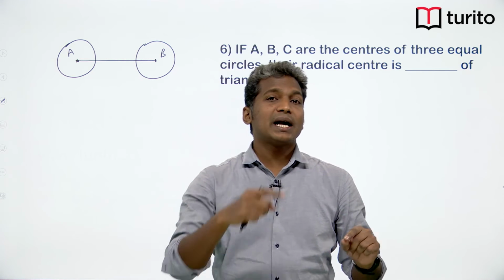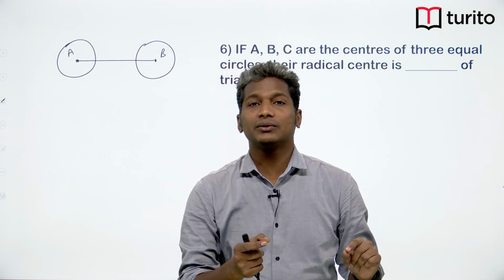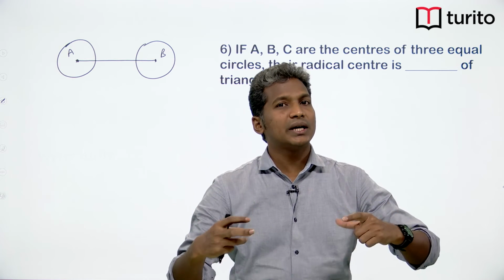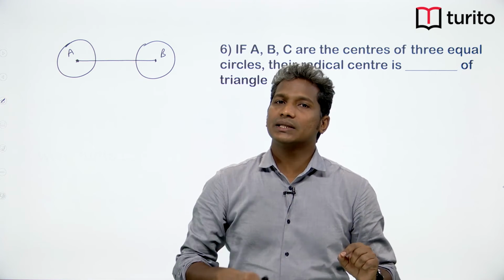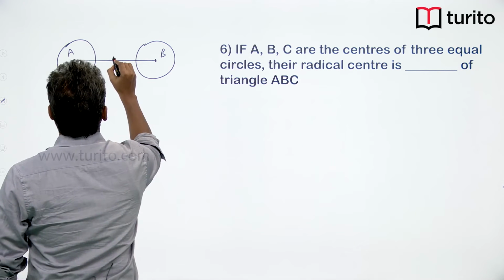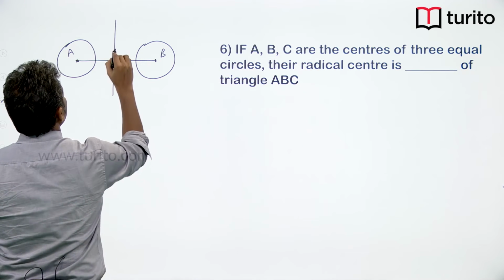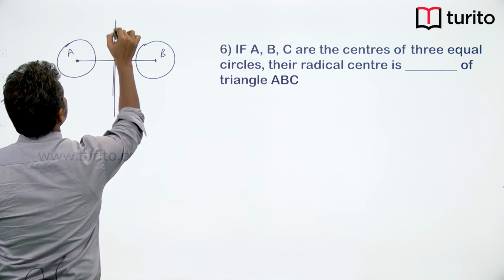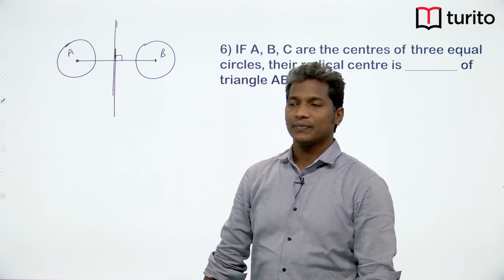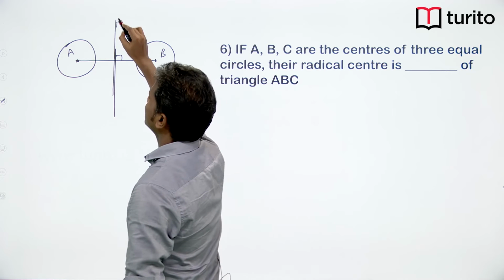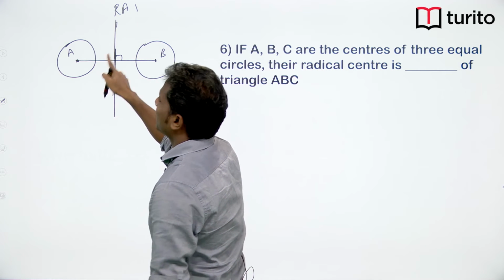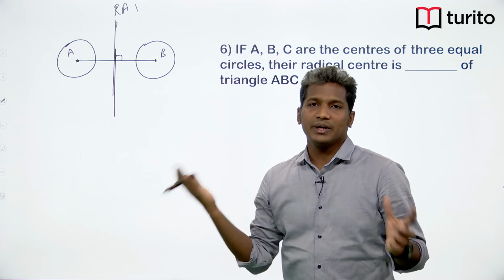Also, we know that radical axis is perpendicular to the line joining centers, which is always true. Whether circles are equal or not, radical axis is always perpendicular to the line joining centers. So, here that makes this line joining centers and this line perpendicular and also perpendicular bisectors. Okay. So, basically we can take this radical axis 1 as perpendicular bisector of AB.